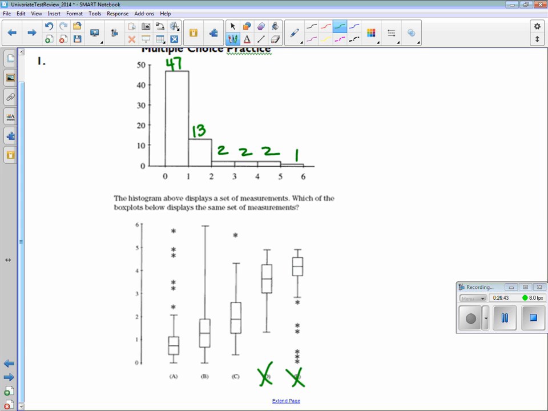So the 34th data value is in that bar. That bar is between 0 and 1. So couldn't we cross this one off for that reason? Couldn't we definitely cross that one off for that reason?